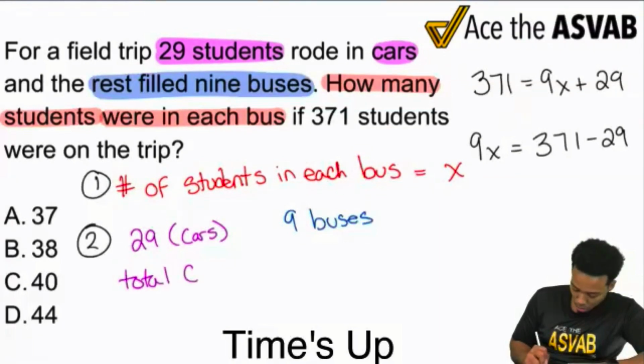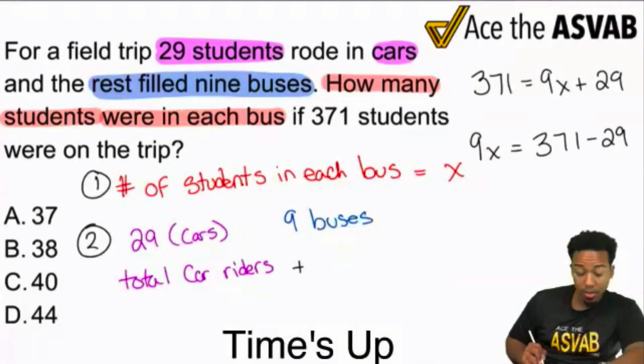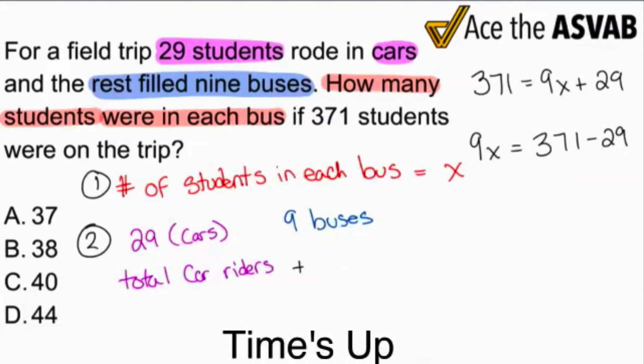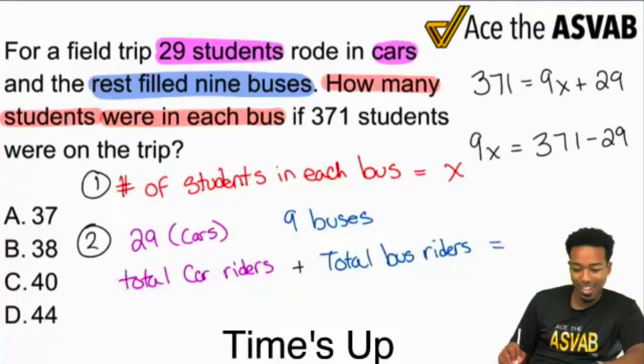So total car riders plus, and let me take off this timer here so I have more space. All right, so the total car riders plus the total bus riders equals everybody what?